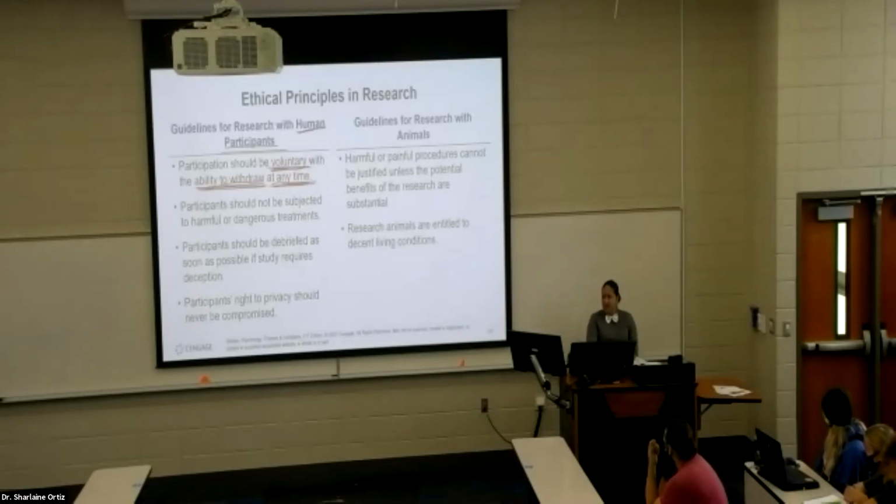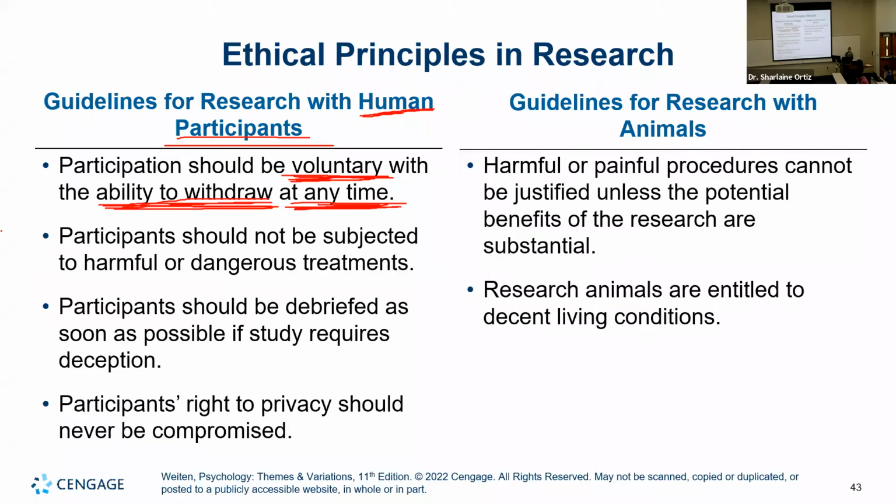We actually covered that much more in detail in my research class, and it was interesting to see the different opinions in class. Now, another requirement when it comes to human research is that you should not be subjected to a harmful or dangerous treatment, basically any sort of treatment that could potentially harm you.